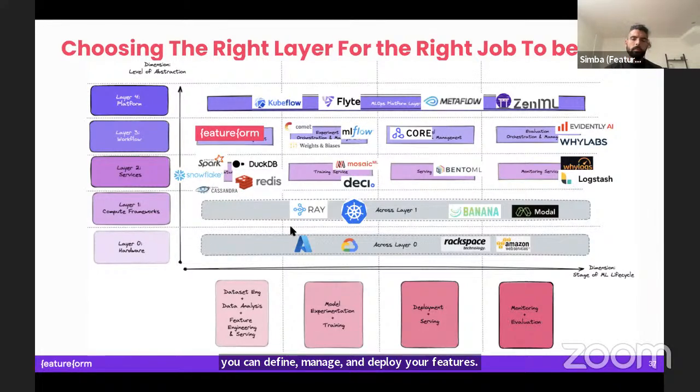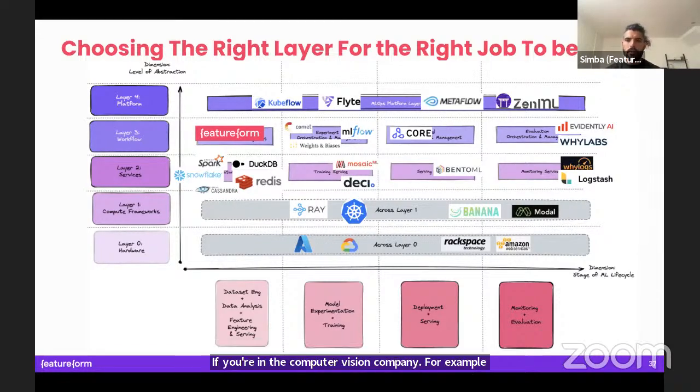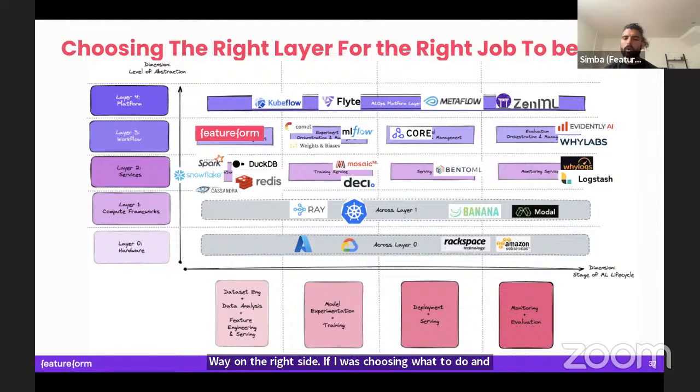Now, let's say I was building from scratch. I wouldn't go and build all of these things immediately, first thing. I would try to understand where the core pain points are. If you're at a computer vision company, for example, your core pain points are likely in evaluation and monitoring, way on the right side. If I was choosing what to focus on, I would focus there. This goes back to the ROI metric, which we're just about to jump into.